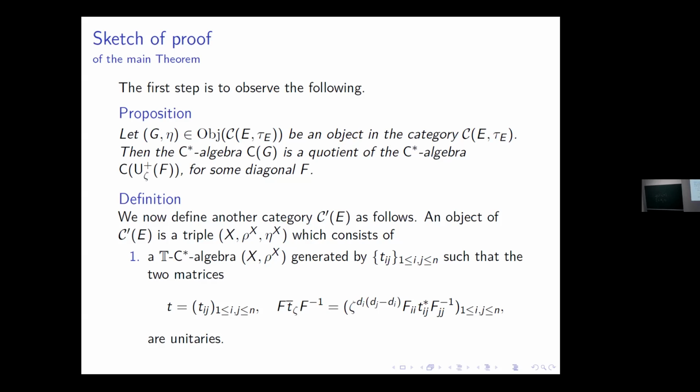If you take an object from the desired category, (G, eta), eta being the coaction, then the underlying C*-algebra C(G) is a quotient C*-algebra of the functional algebra of the braided free unitary quantum group for some diagonal F, so that I can explicitly manipulate with the generators u_ij. We define another category C prime E.